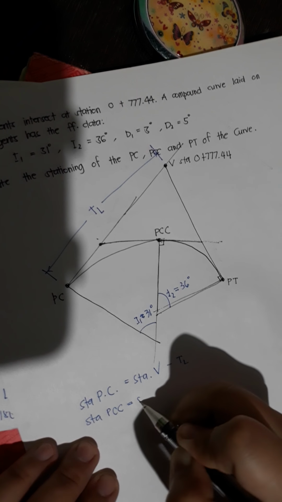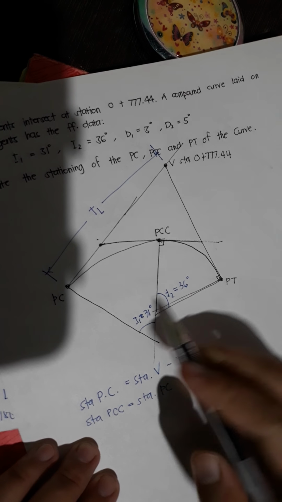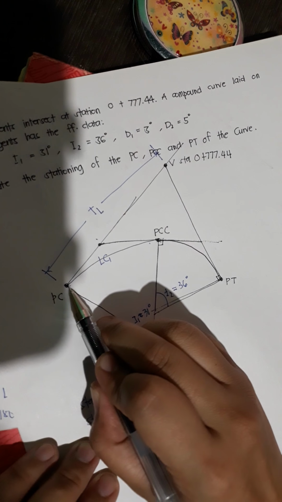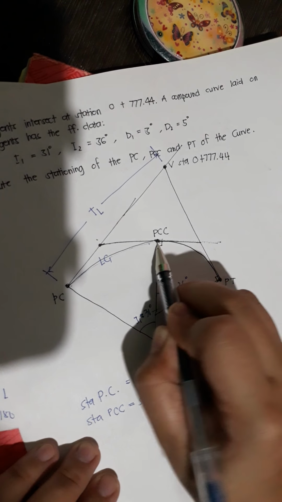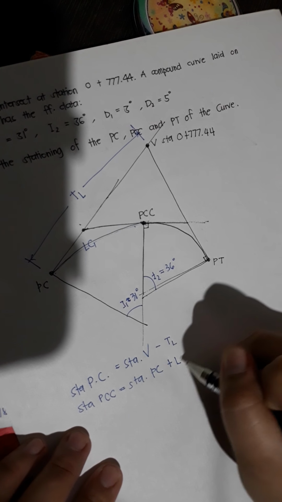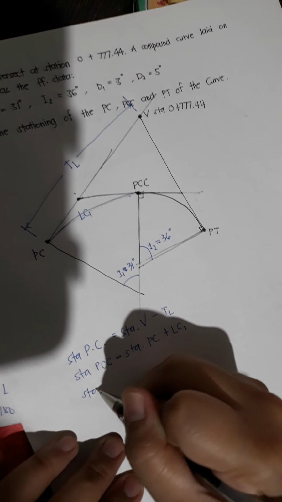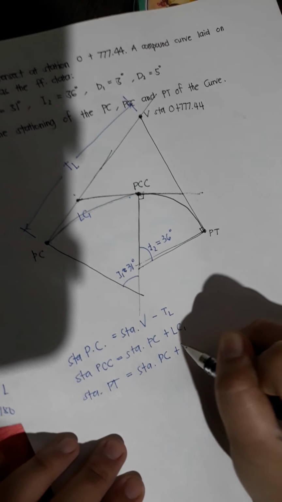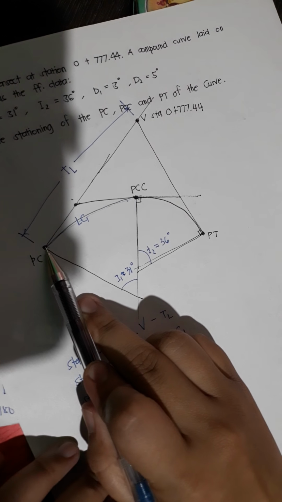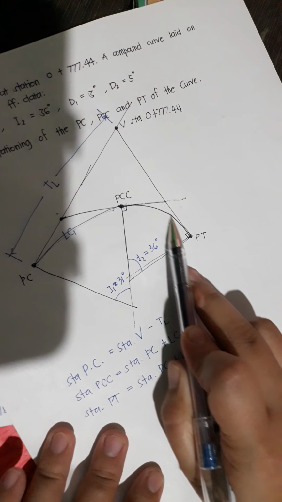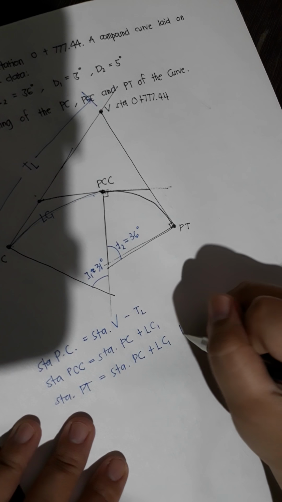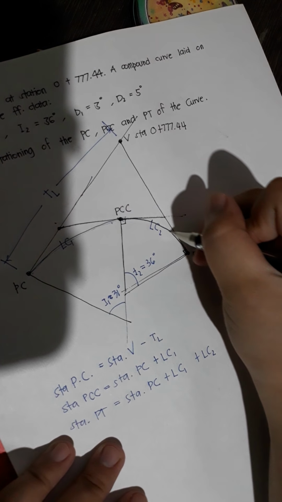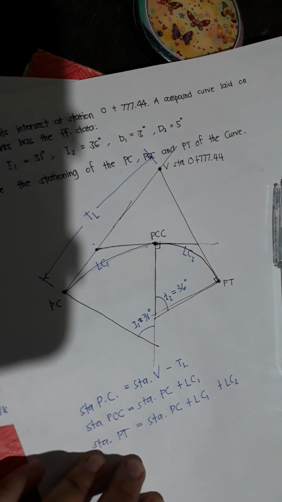For station PCC, you have station PC plus LC1, so from PC, the distance LC1 gives the station of PCC. Now for station PT, you have station PC plus LC1, then plus LC2. That is now the station of PT. This is LC2, the length of curve for the second simple curve.